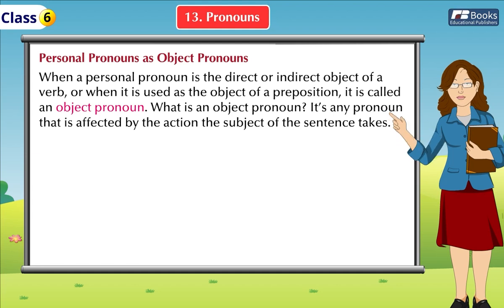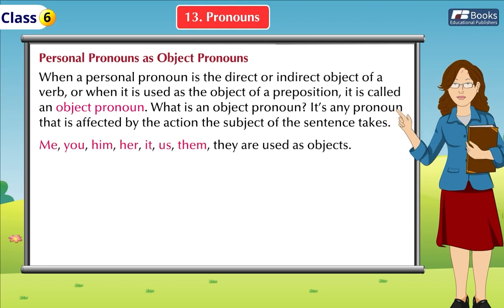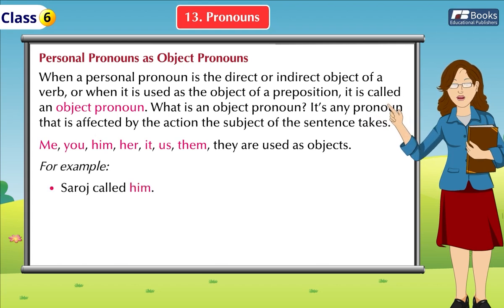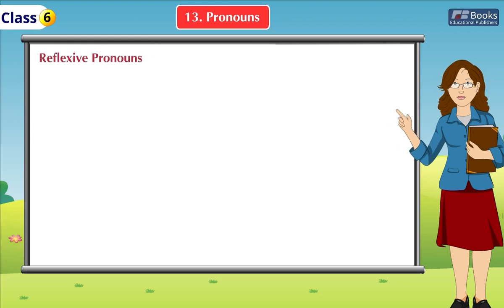It's any pronoun that is affected by the action the subject of the sentence takes. Me, you, him, her, it, us, them are used as objects. For example, "Saroj called him." "We consider our friends."